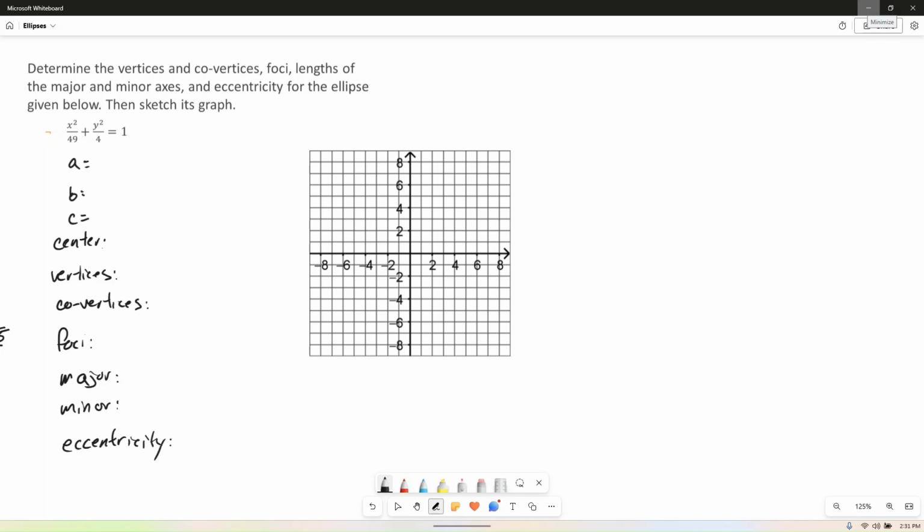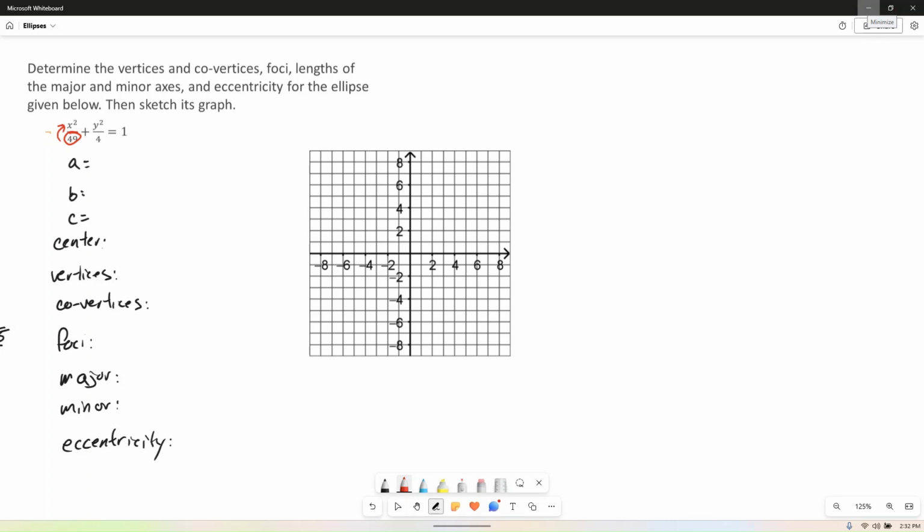As we look at the equation, look for which denominator is larger. We're looking at a 49 and a 4. So our equation is x squared over 49 plus y squared over 4 equals 1. The 49 is the larger denominator, and it is with the x.